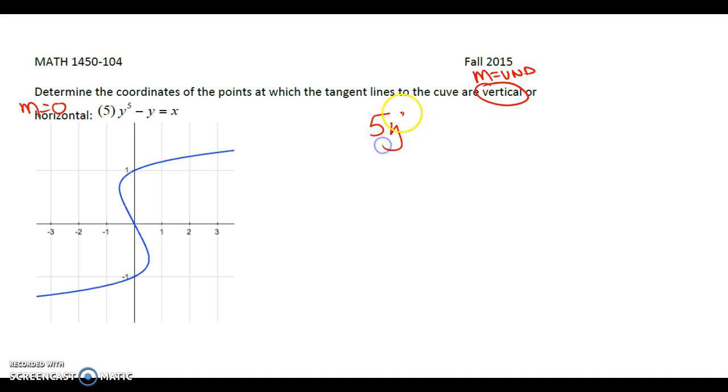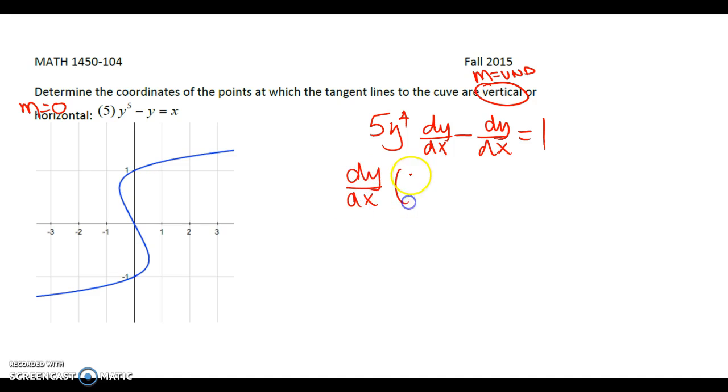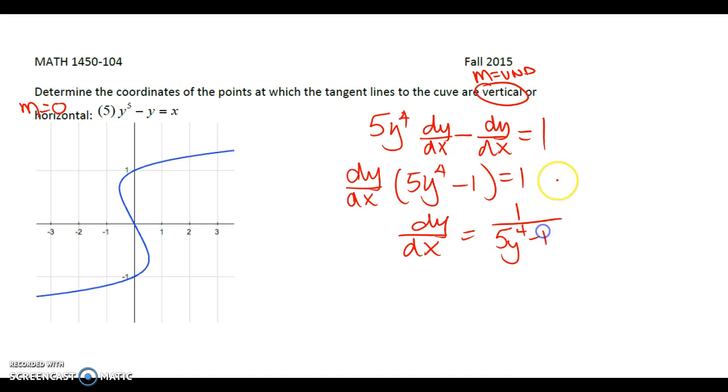So 5y to the 4th dy/dx minus 1 dy/dx equals 1, right? The derivative of x with respect to x is 1. I'm going to factor out dy/dx. So dy/dx times 5y to the 4th minus 1 equals 1. So dy/dx equals 1 over 5y to the 4th minus 1.